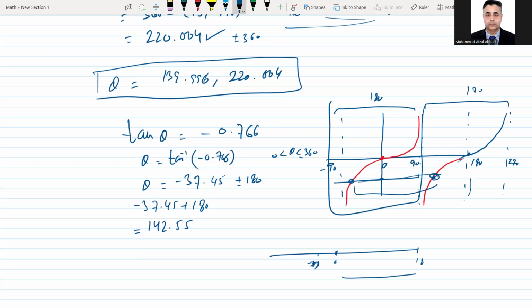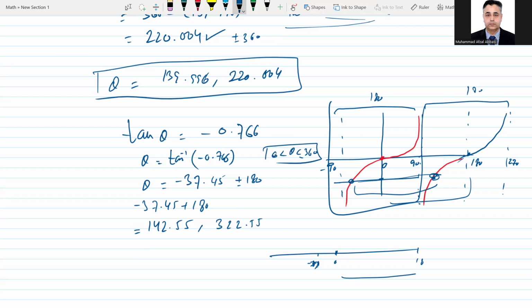So now I'm falling in the interval 0 to 360 degrees. So this is one answer. Then again, I can add 180, as many times as we need. So if I add 180 to 142.55, what do we get? We get 322.55, which is again in the interval that we have here.